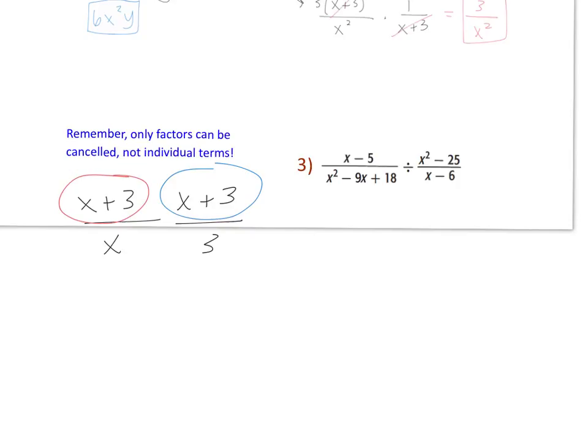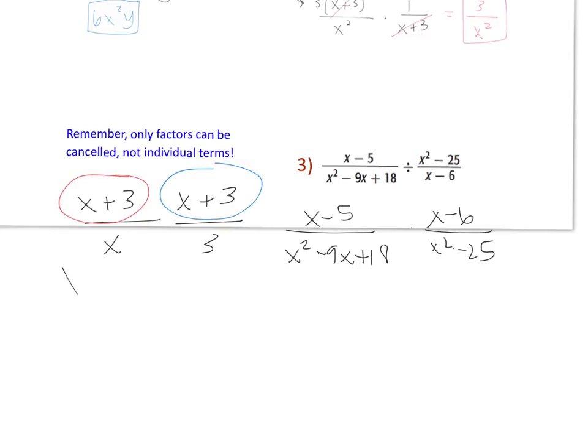All right, let's look at number 3 here. x minus 5 over x squared minus 9x plus 18 divided by x squared minus 25 over x minus 6. Now, first, let's make this simpler, and let's flip the second fraction and multiply. So x minus 5 over x squared minus 9x plus 18 times x minus 6 over x squared minus 25. And let's look at factoring here.